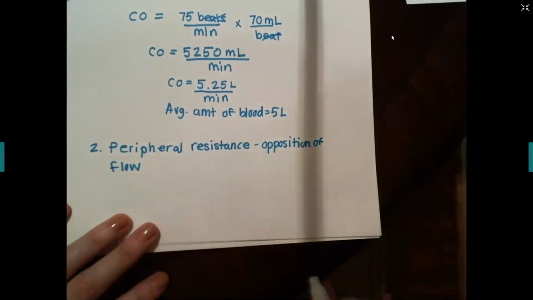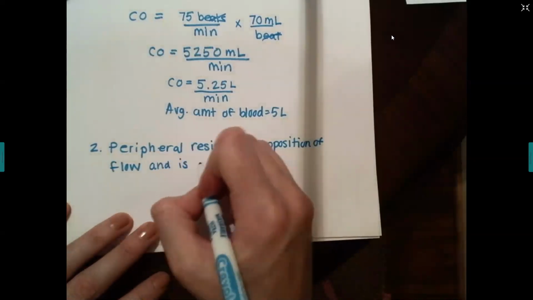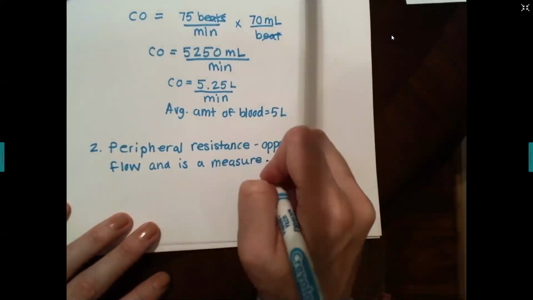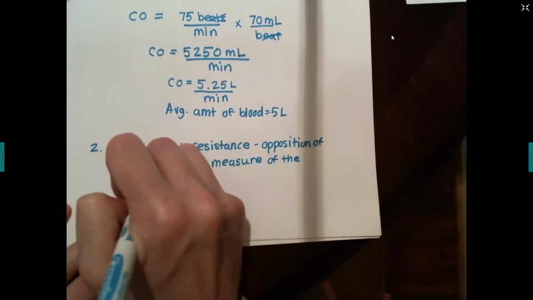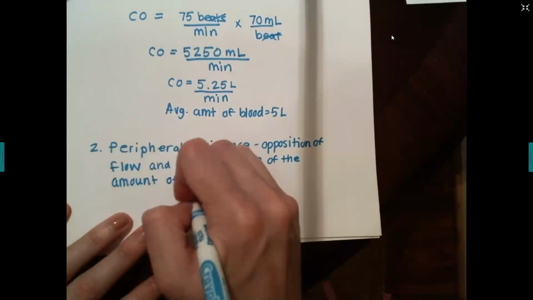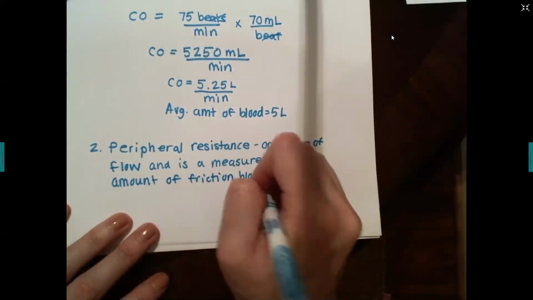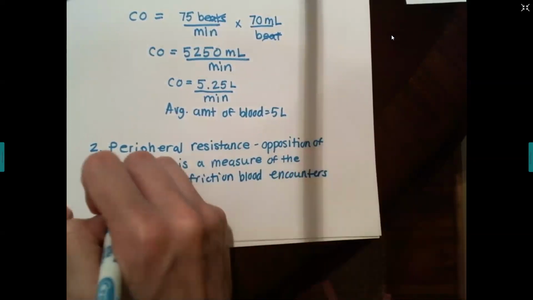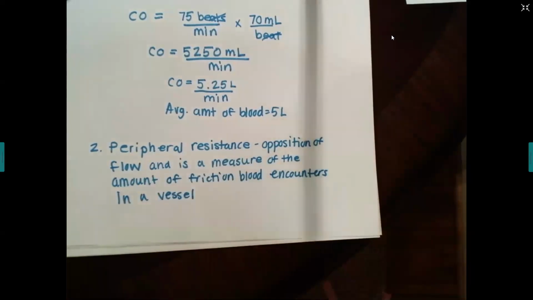I'm going to say this again, it is the opposition of flow and is a measure of the amount of friction blood encounters in a vessel. Okay, how do you do that?